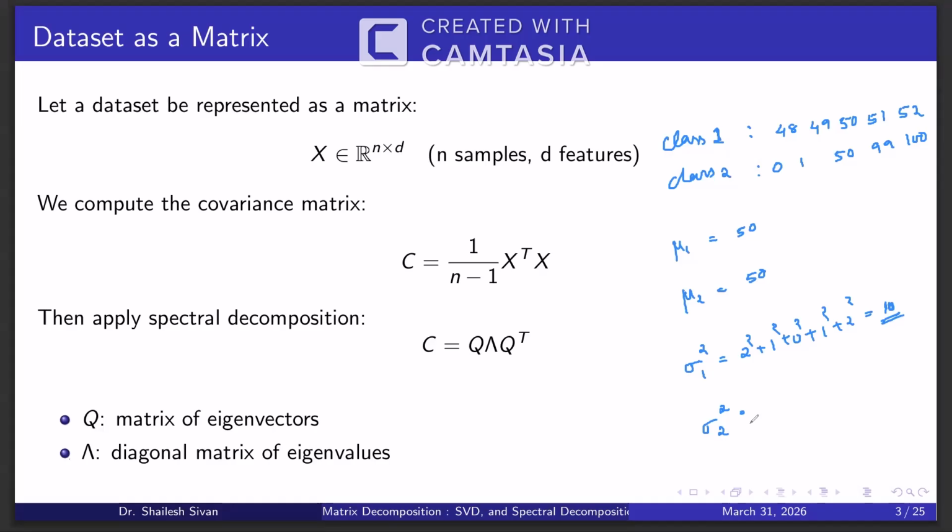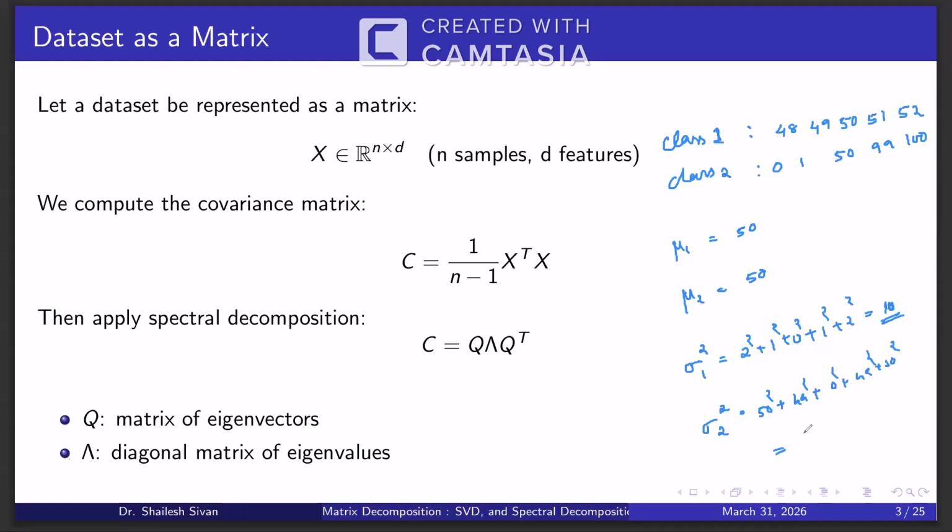Okay. And what about this? 50 square plus 49 square plus 0 square plus 49 square plus 50 square, right? What is the value there? 2500 plus.